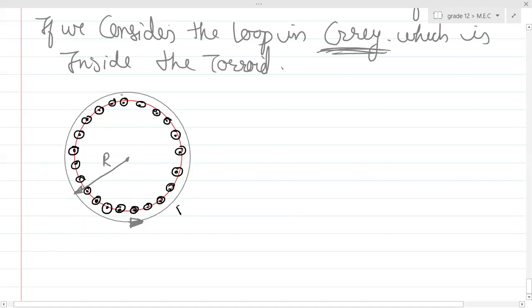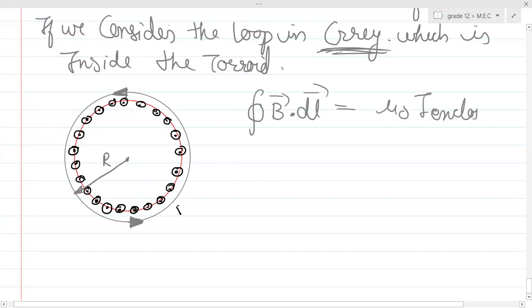See guys, this is the direction of this loop. What is the radius of this loop? Capital R. The direction we have chosen is anti-clockwise, so that all these currents will become positive. So here I'll write B dot dl is basically mu naught times the current enclosed.